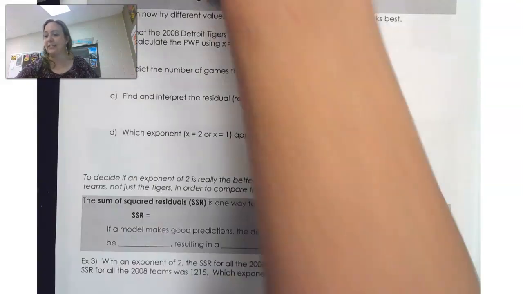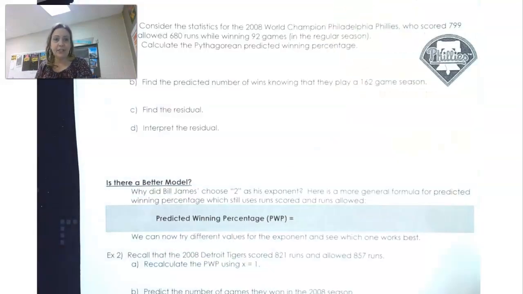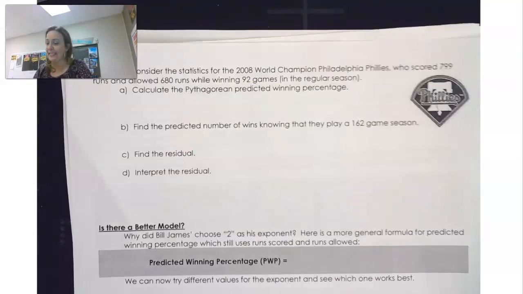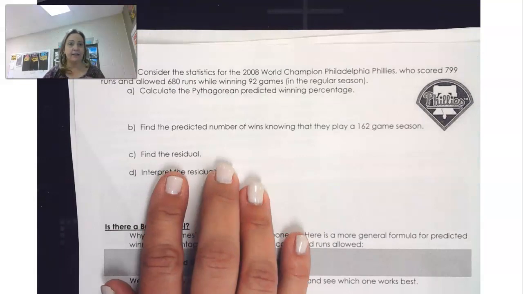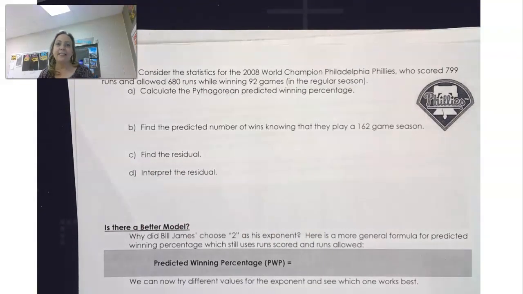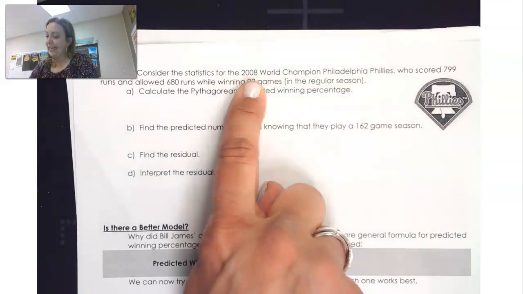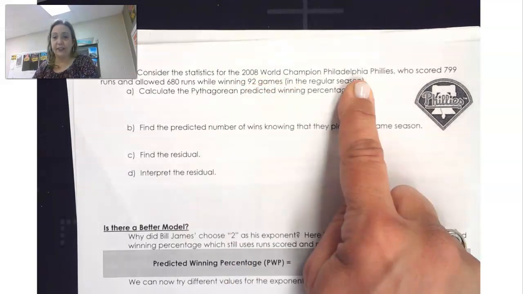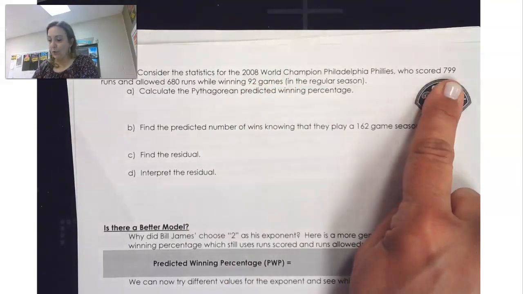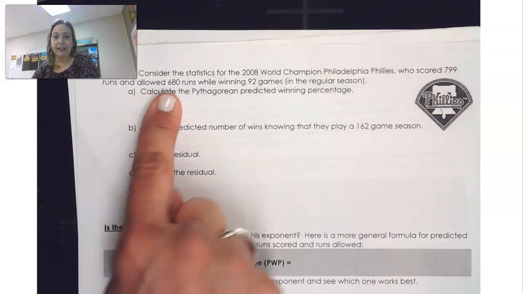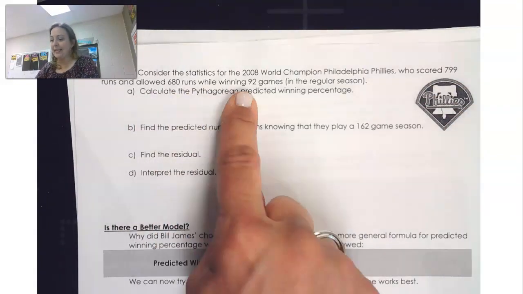And so that brings us to this you try question. What I'd like you guys to do is take what we did on the last page, and consider these statistics instead. This is data for the 2008 World Champion Philadelphia Phillies. It says what they scored, what they allowed, and how many games they won.